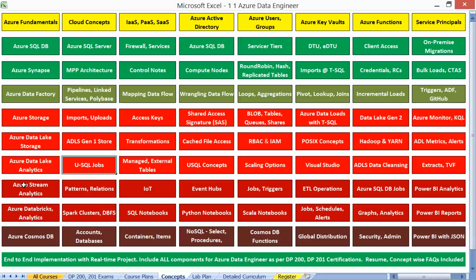And we have stream analytics with Internet of Things and event hubs. And we have the Databricks and analytics with Spark clusters and Cosmos DB that supports NoSQL. The course starts with fundamentals and ends with an implementation of a real-world project, end-to-end implementation.